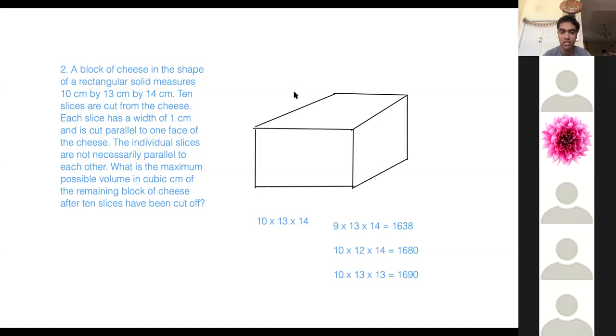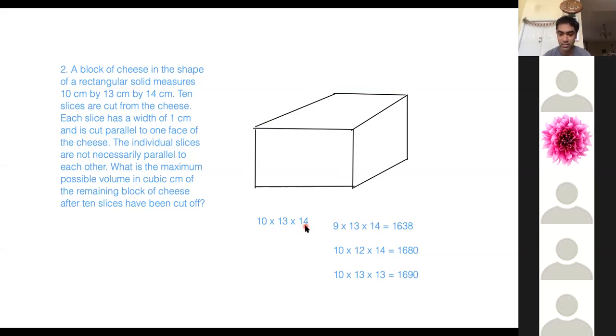Good. So when I drop the 14 by 1, then it's the product of these two, right? Because the slice of cheese is either going to be the size of this space, this space, or this space. So the size of the slice can either be 10 times 13, 10 times 14, or 13 times 14.